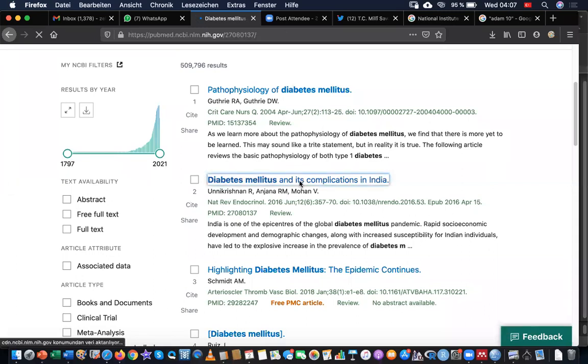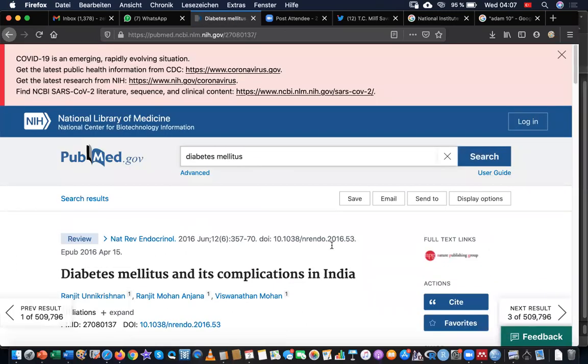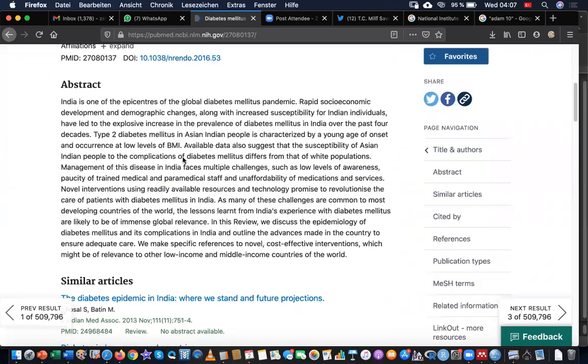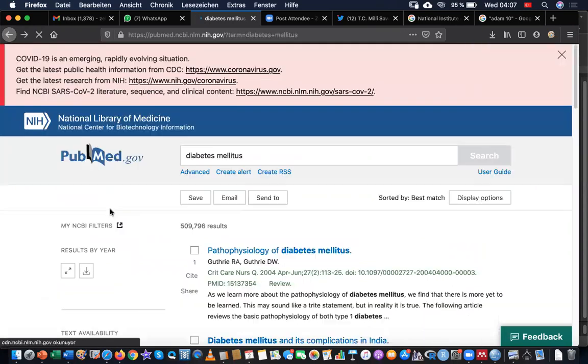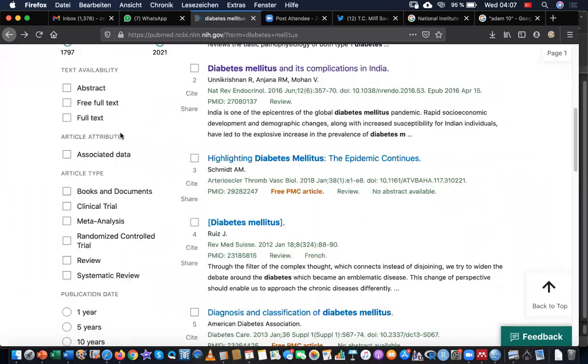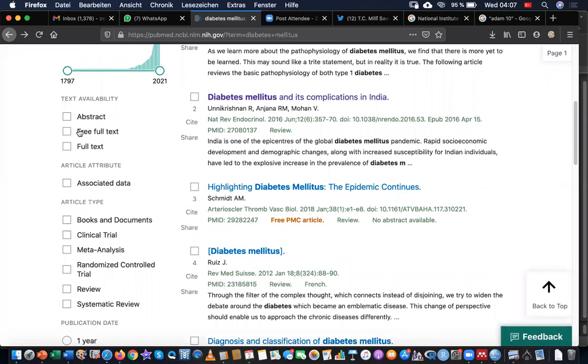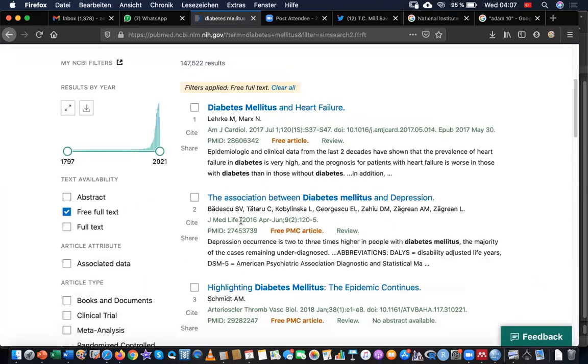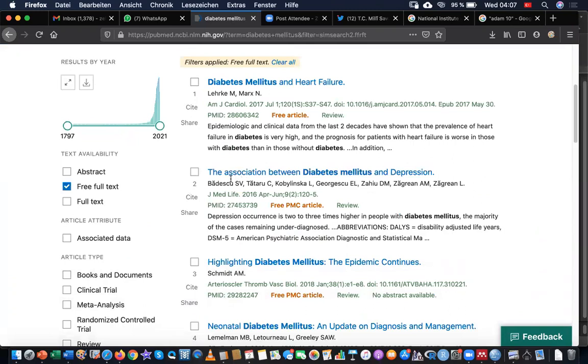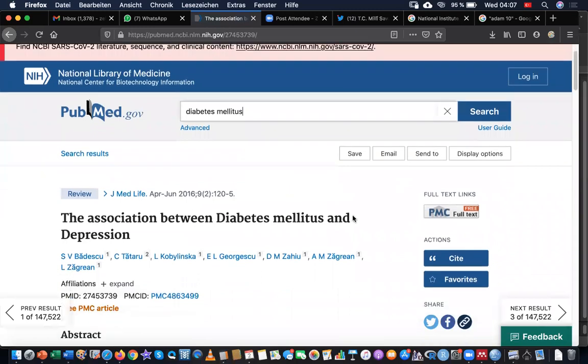Let us see this one. Is full text available? You should have something with full text available. Free full text. Okay, the association between diabetes mellitus and depression. This is available full text.